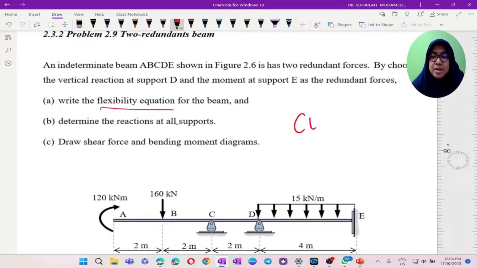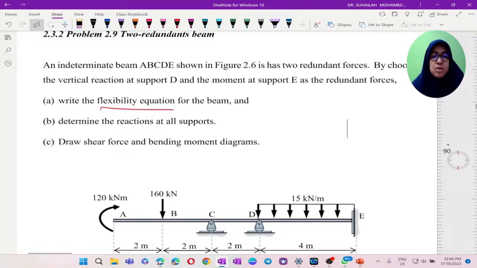So the compatibility equation has two names; another name is flexibility equation. Write the flexibility equation for the beam means the standard matrix form of the compatibility equation, we find the displacement and fill it into the equation. That's the answer for A.